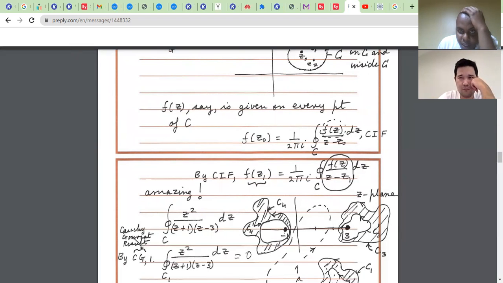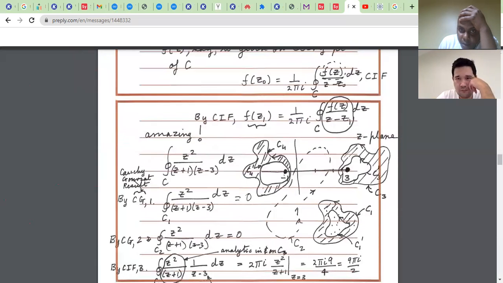So f(z) say is given on every point of C. f(z naught) will be equal to 1 over 2 pi i times the integral of f(z) over z minus z naught dz. That's Cauchy's integral formula.